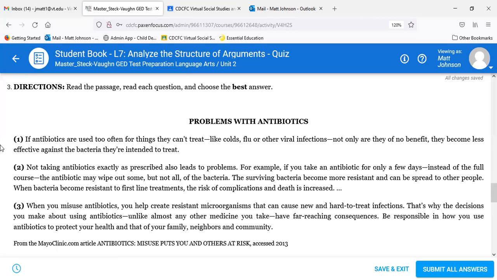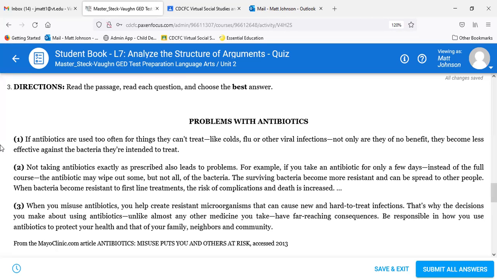Not taking antibiotics exactly as prescribed also leads to problems.